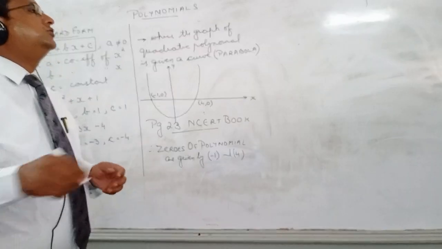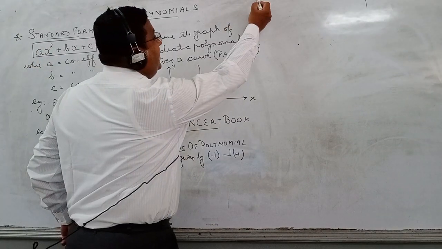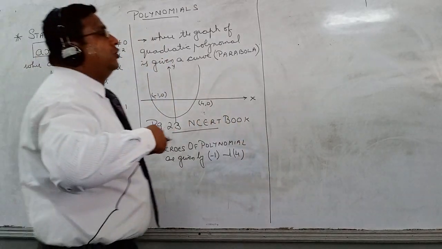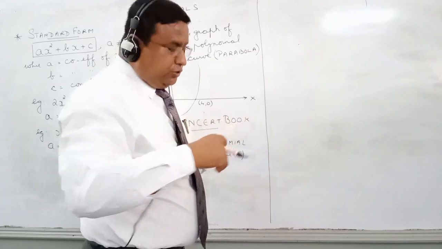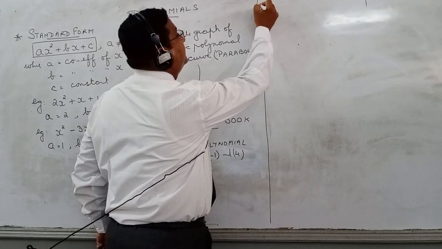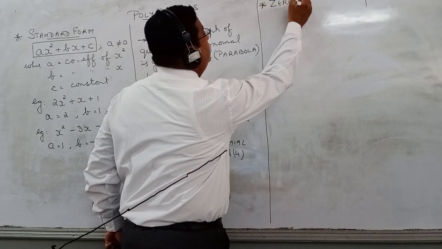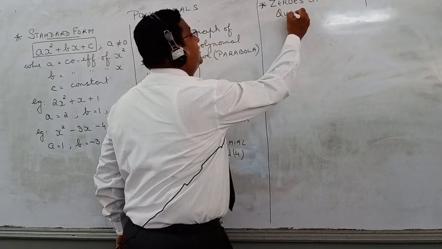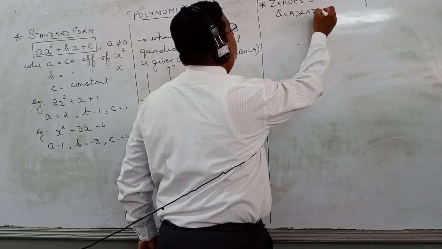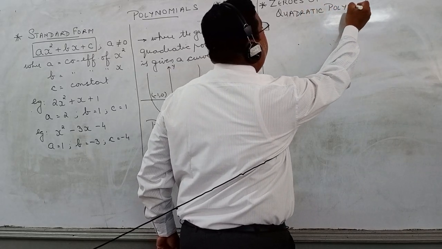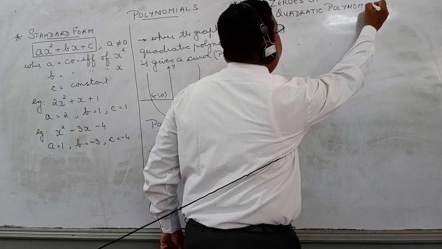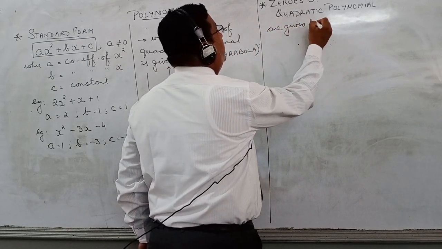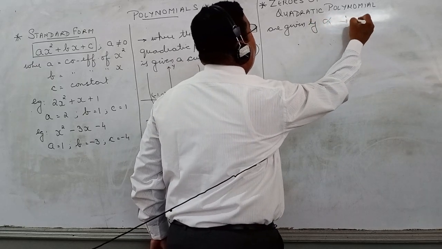Now those 2 zeros are given a specific name. If you remember, zeros of a quadratic polynomial are given by alpha and beta.